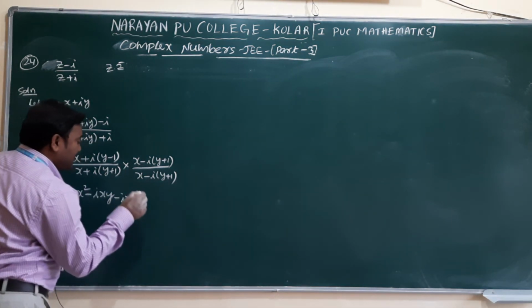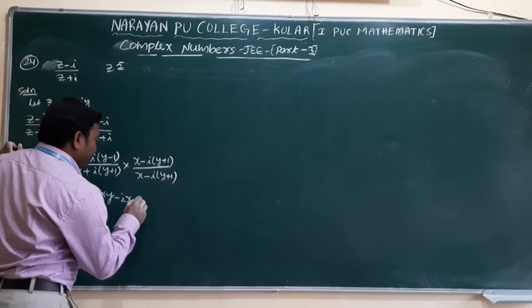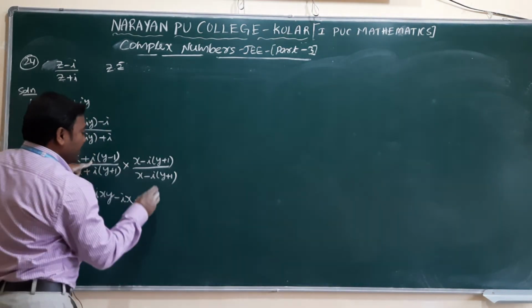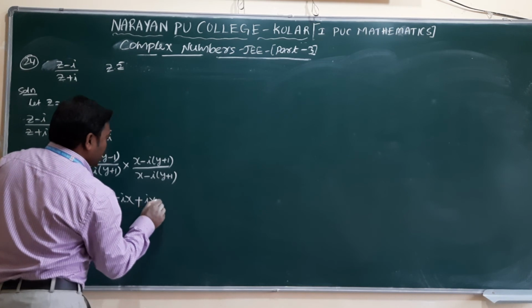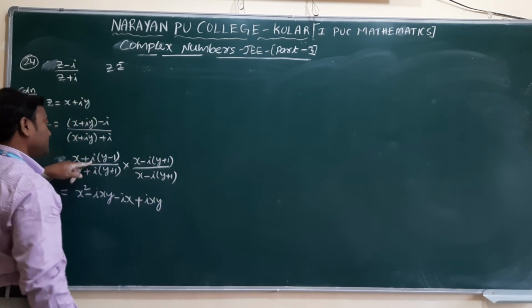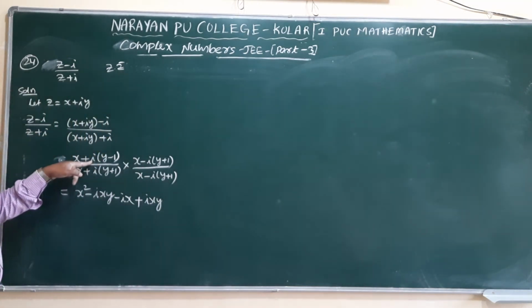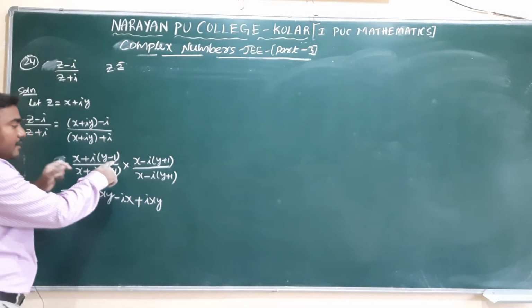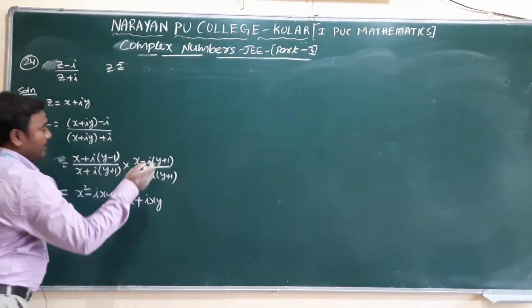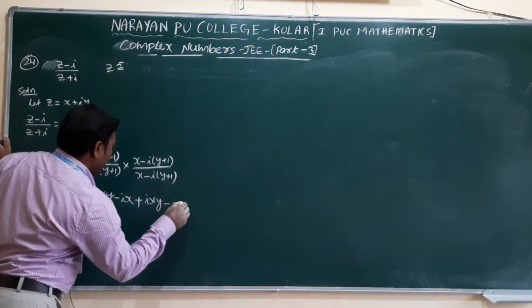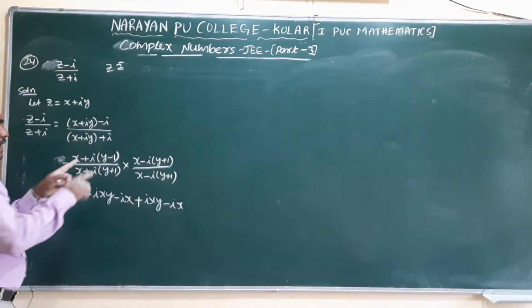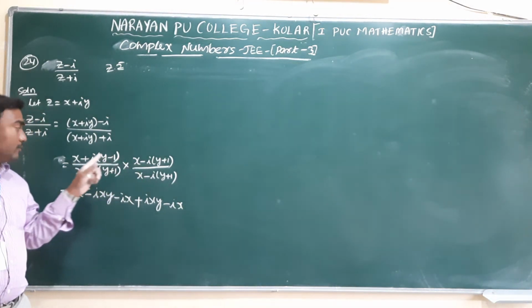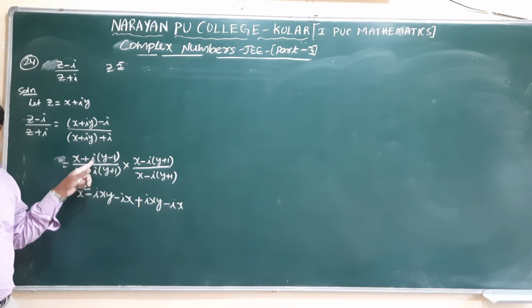Then plus i into y into x, plus i xy, and minus i into minus 1 gives plus i, minus i into i(y plus 1)... i square gives plus 1.